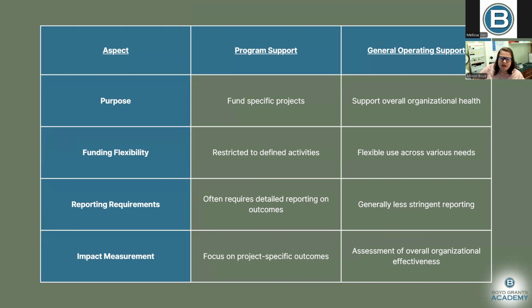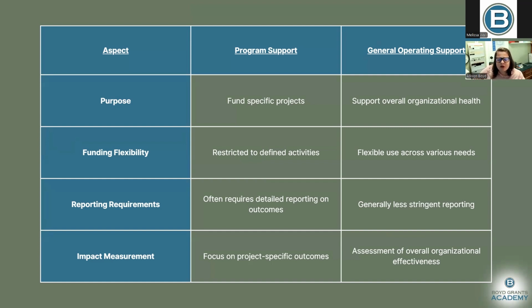Funding flexibility. Program support comes with restrictions, meaning that funds must be allocated to specific activities outlined in the grant proposal. But general operating is much more flexible, and organizations can use these funds as they see fit. Reporting requirements.